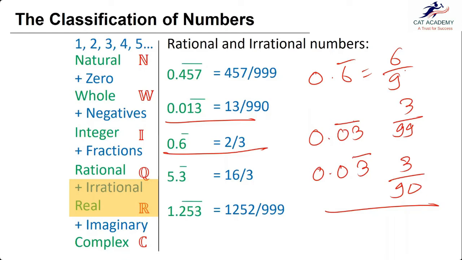See, what was the shortcut? The number of digits which are repeating, those many number of nines you should have in the denominator. That's it. So if there is only a single digit repeating, only 9 will be there in the denominator. So 6 by 9. So for this one, for example, only one digit is repeating. So it should be 5 plus 3 by 9. And then simplify this. Okay.